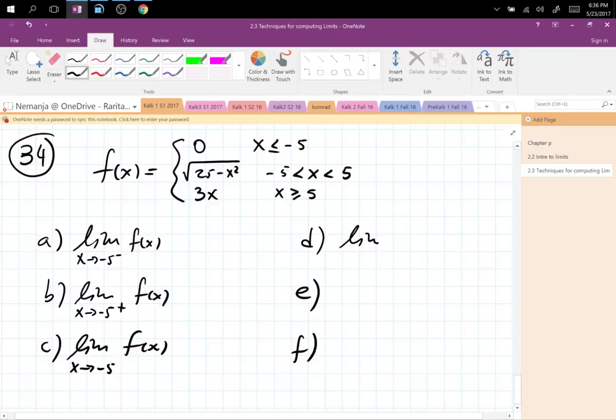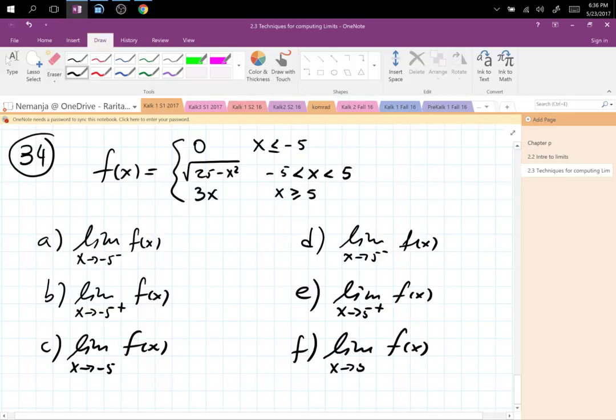Then we have the limit as x approaches 5 from the left, the limit of f of x as x approaches 5 from the right, and overall at 5. So 6 limits for this problem.